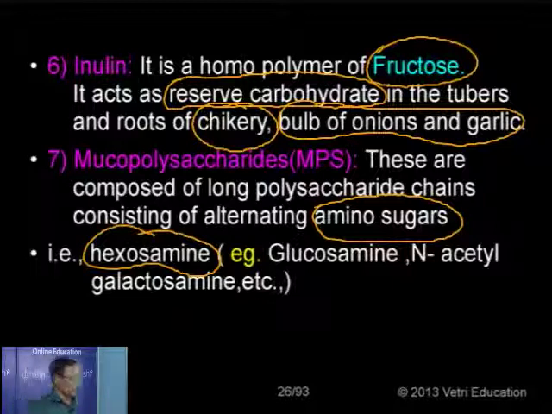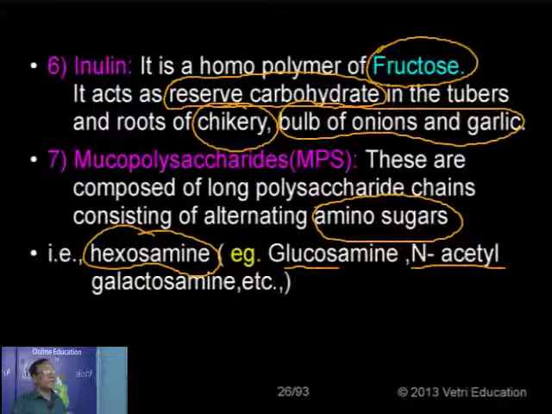It may be glucosamine, N-acetyl glucosamine or galactosamine. We have different types of hexosamine: glucosamine, N-acetyl glucosamine, N-acetyl galactosamine or N-sulfate glucosamine, etc. These are all different types of hexosamine. The common name is only hexosamine.